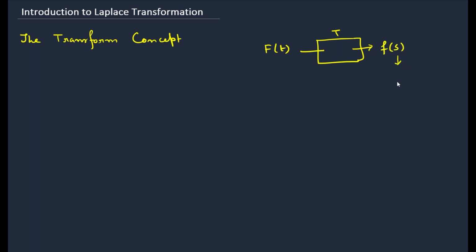Here s is a parameter which is independent of t. See, there is no connection between t and s. So after transformation, it comes to a completely new variable. So it's already transformed.